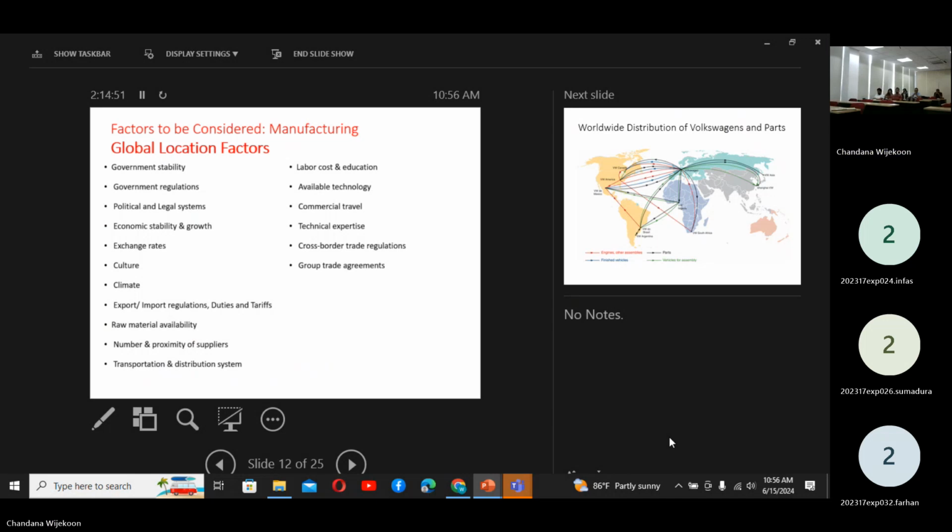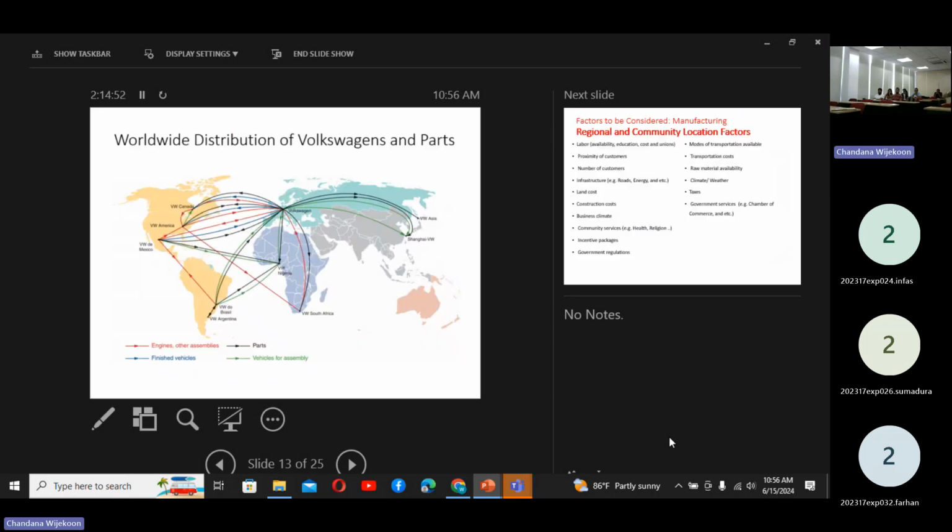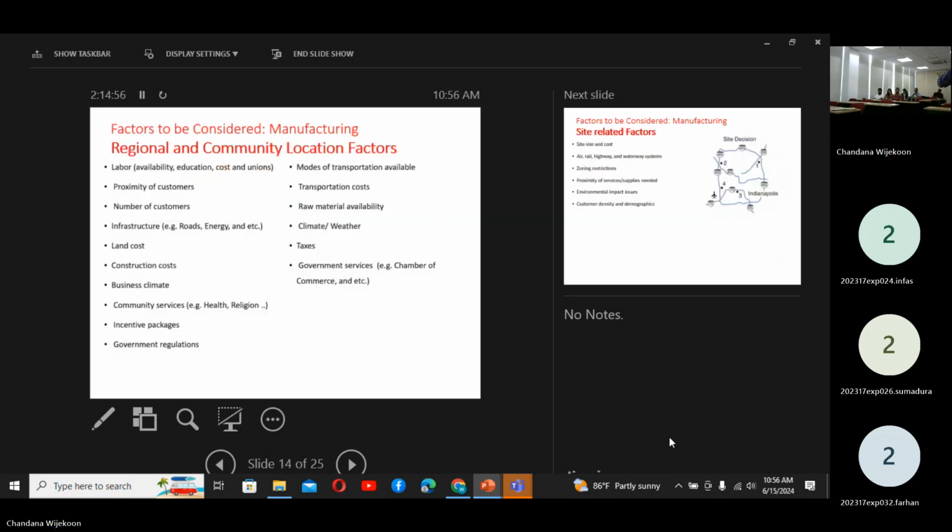Now this is what we call regional level. Once this region level, with Asian country.